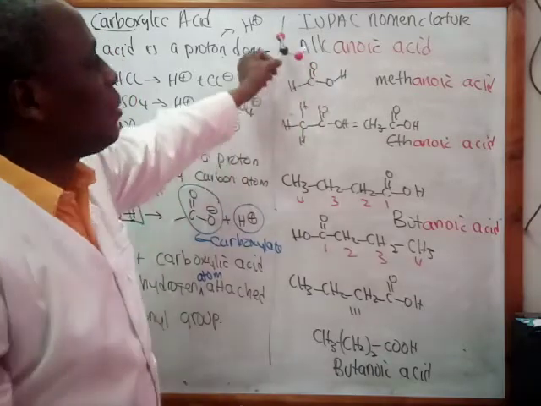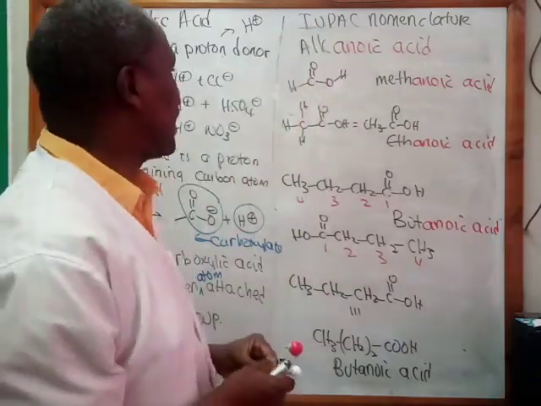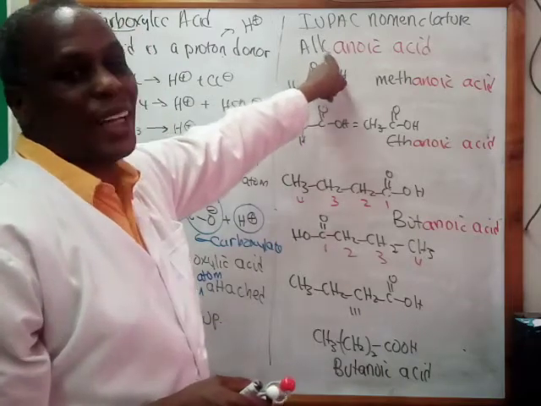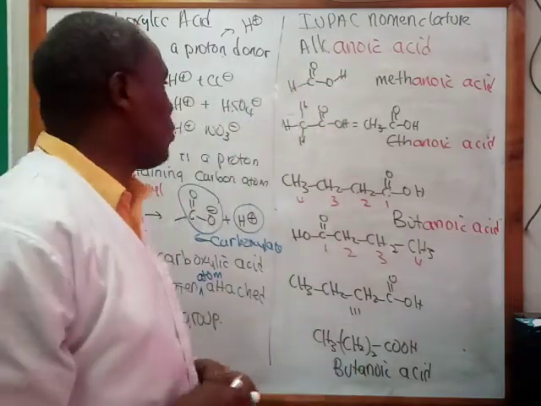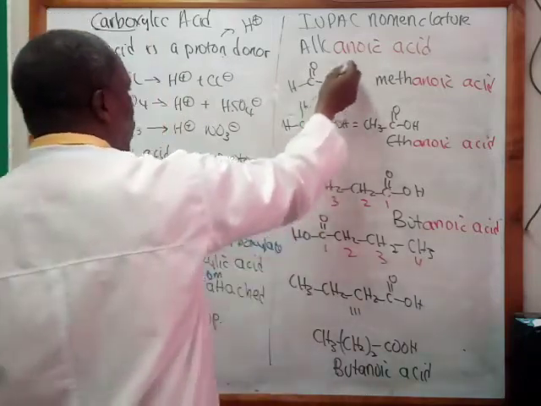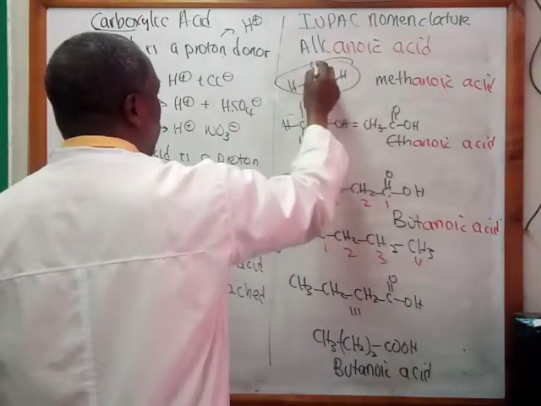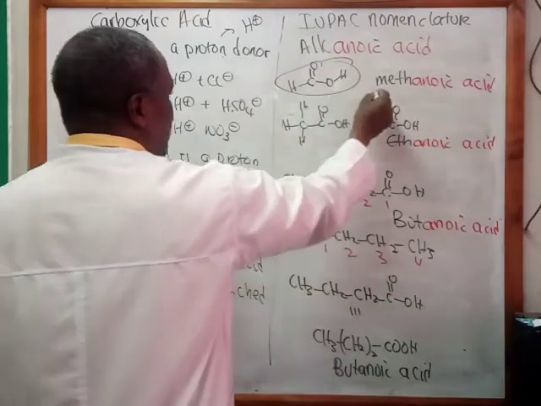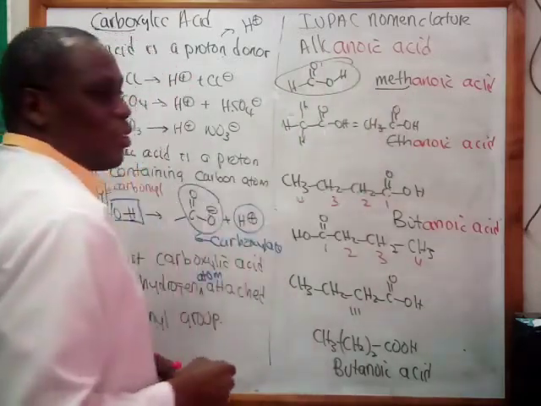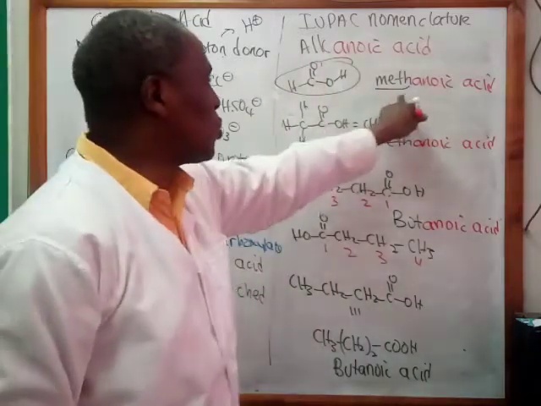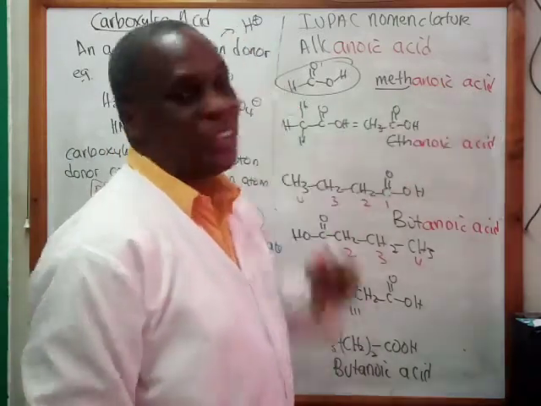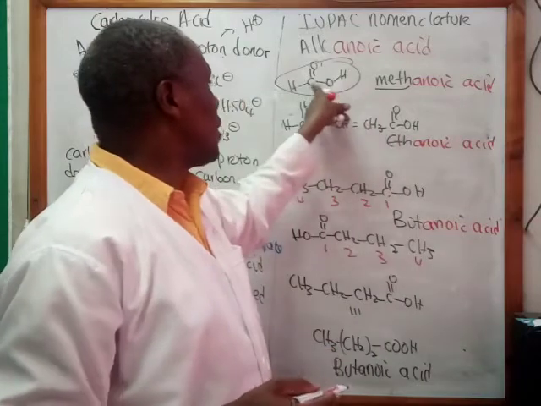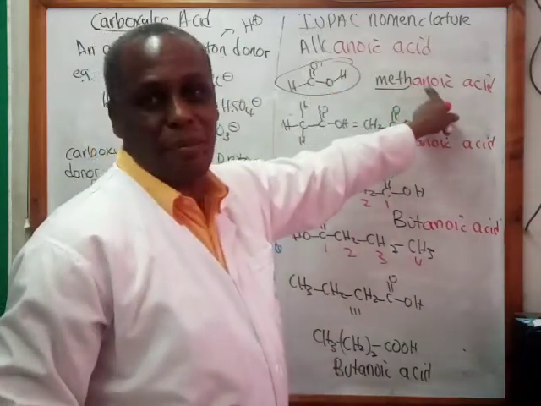And the way they are named as far as IUPAC is concerned, the alkyl group is an indication of the number of carbon atoms. This simplest one contains one carbon atom, so that is meth for one carbon atom. You just need to add the ones shown in red, anoic acid, to make the name. So for one carbon atom it will be called methanoic acid.